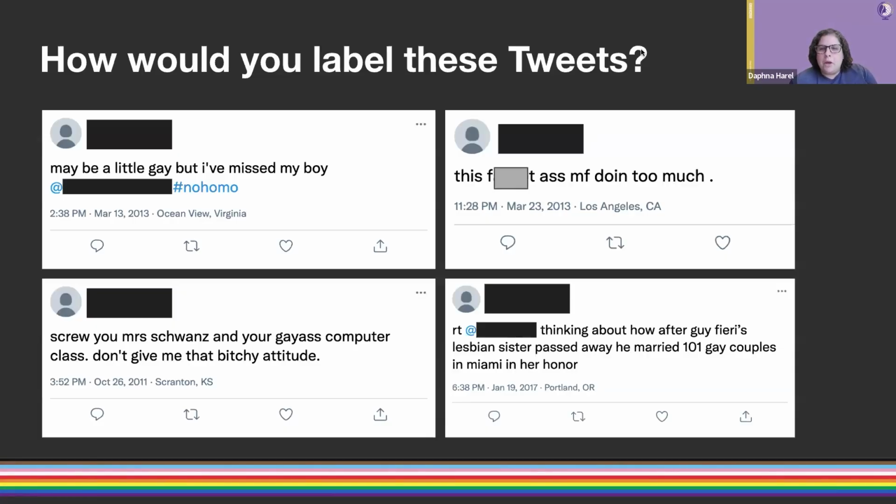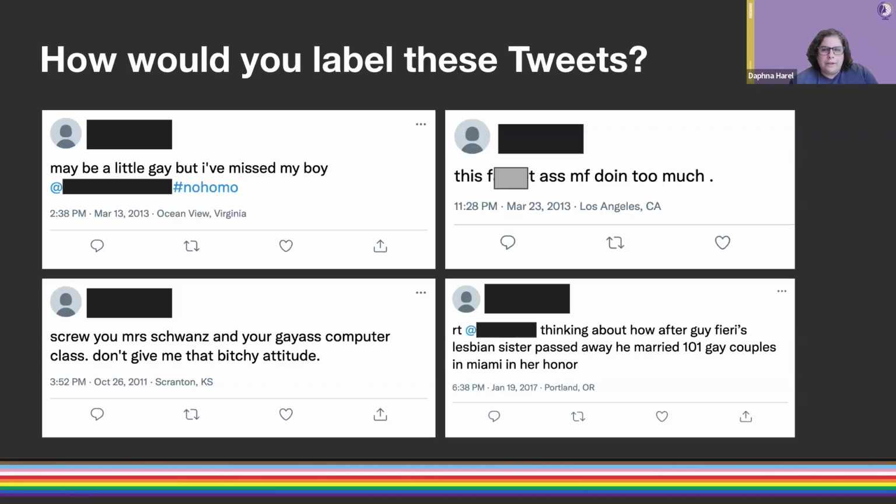The question is, when we see tweets online, how would we rate them? Here are examples of 4 tweets that were posted. I've blurred out any identifiable information, and I've also blurred out some slurs because we don't need to be looking at that.